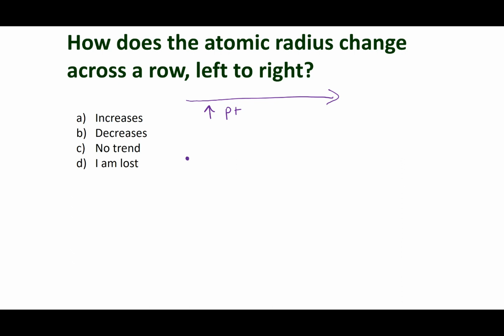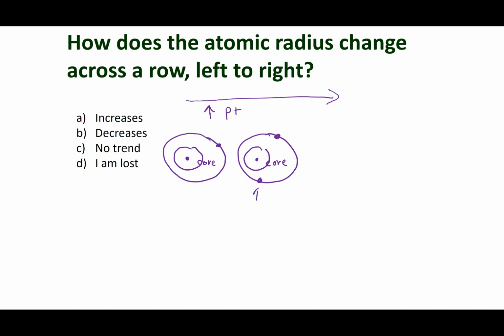So if I look at my periodic table, I'm going to have a layer of my core electrons. And let's say that I'm in the first column of my periodic table, and then I'm going to have one valence electron. If I move over, I'm going to have the same core electrons, and I'm going to have two valence electrons because I'm in the second column.